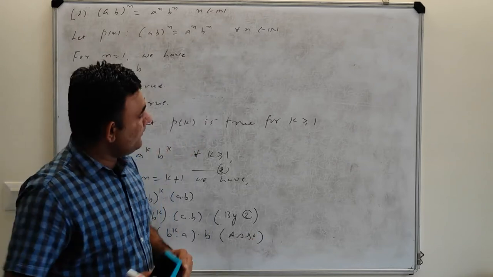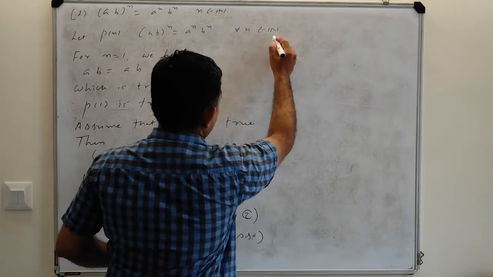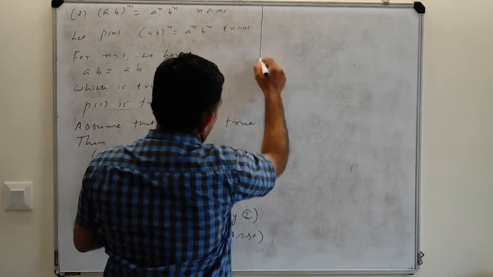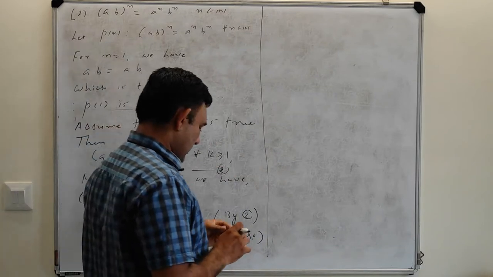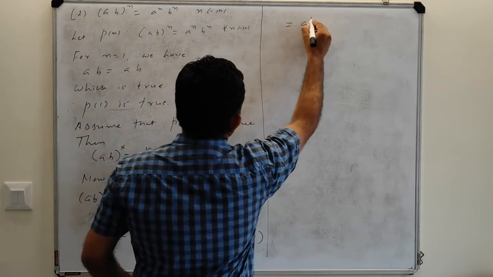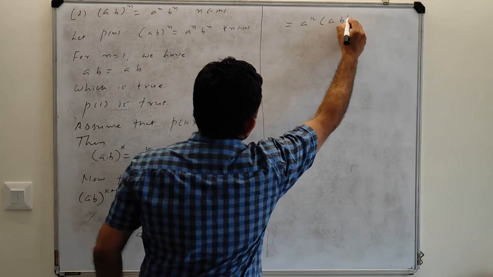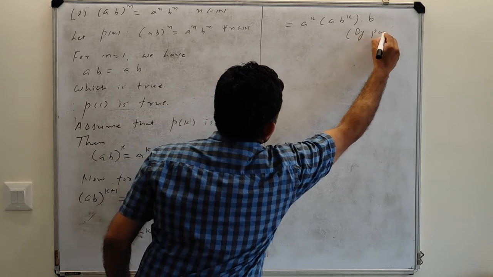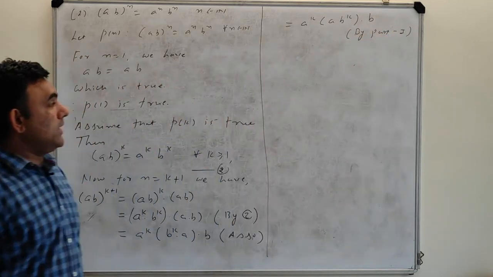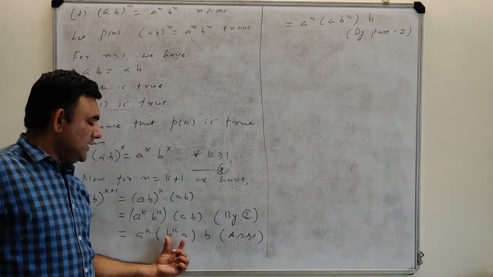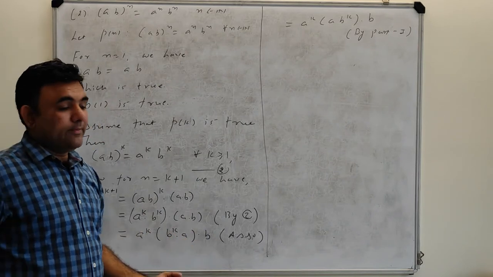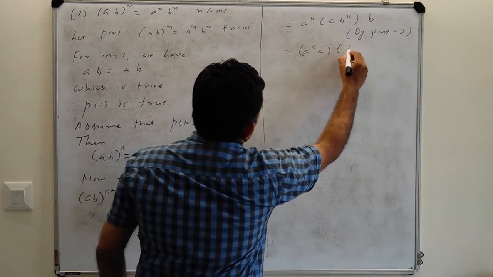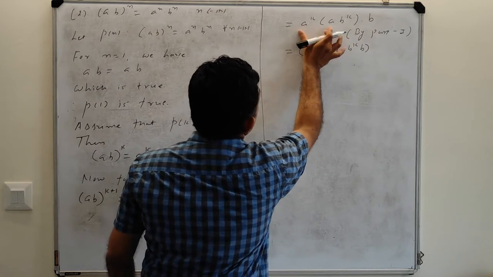So this thing is A raised to k into AB raised to k into B, by part 1. So in part 1 I have proved that if AB equal to BA, then B raised to k into A is AB raised to k. So now again use the associativity. Now you club these two things and two things.